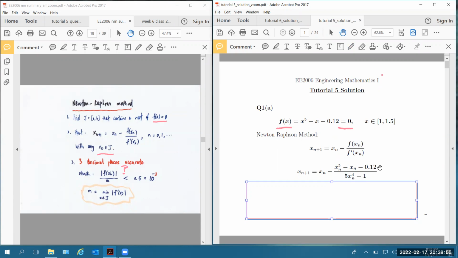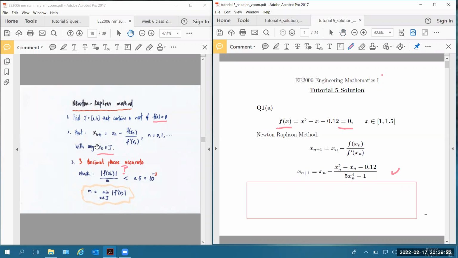Then f'(xn) means you take the derivative to get f', and then substitute xn as your x. So this is what you have. Until here, is everybody clear how to write this down? It's important that we know how to write this down.